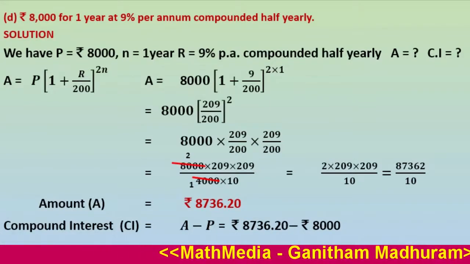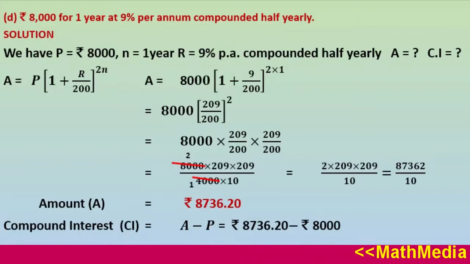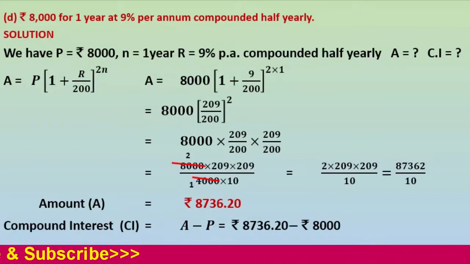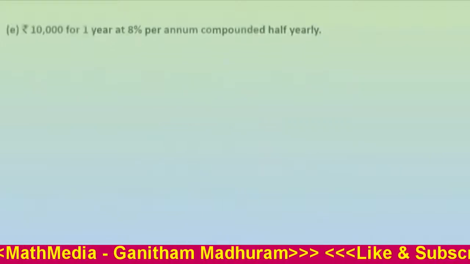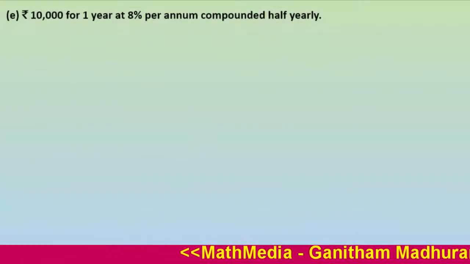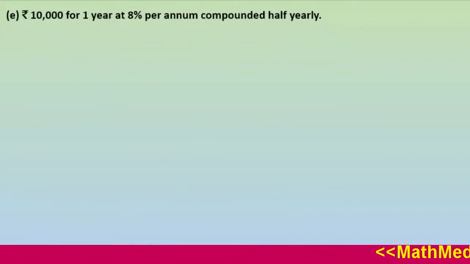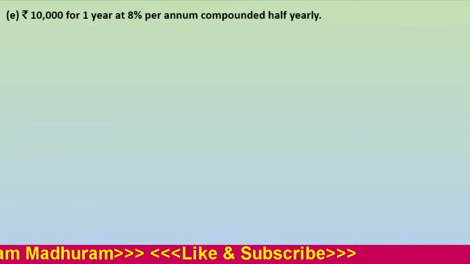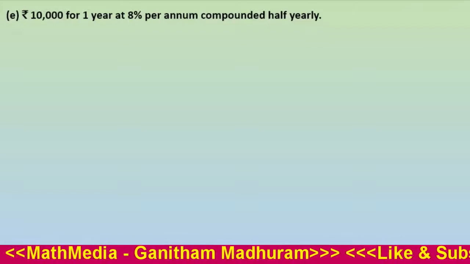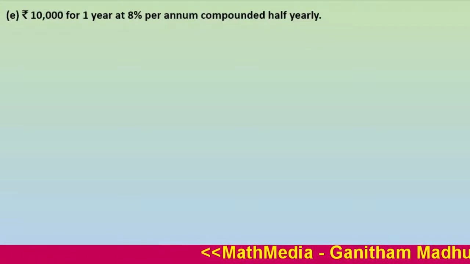While subtracting, we get the answer as 736.20, which is our compound interest. Next we move to the last question. The amount is rupees 8,736.20 and compound interest is rupees 736.20.